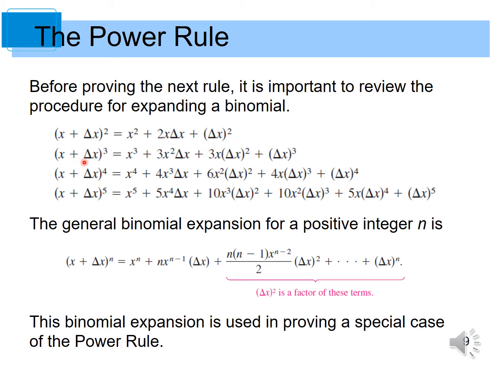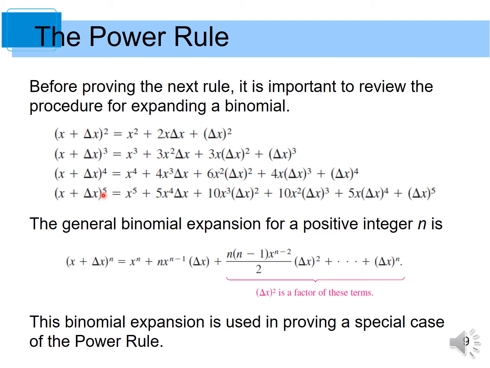And for (x plus delta x) cubed, we take the expansion of (x plus delta x) squared and expand with x plus delta x again. So we have x cubed plus 3x squared delta x plus 3x delta x squared plus delta x cubed.